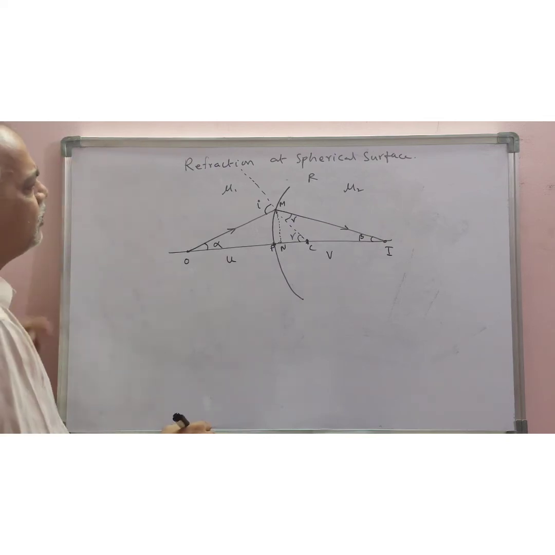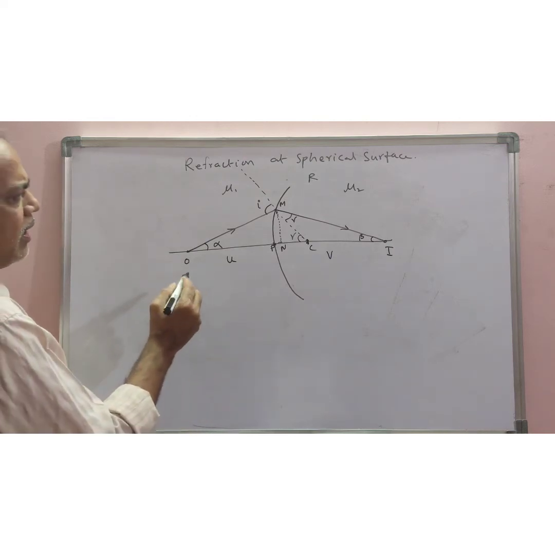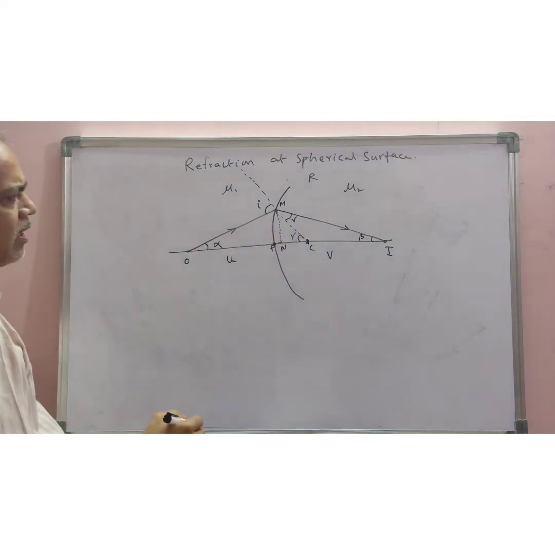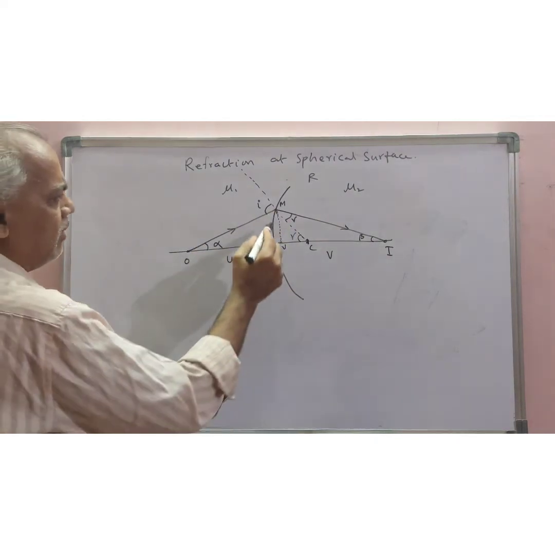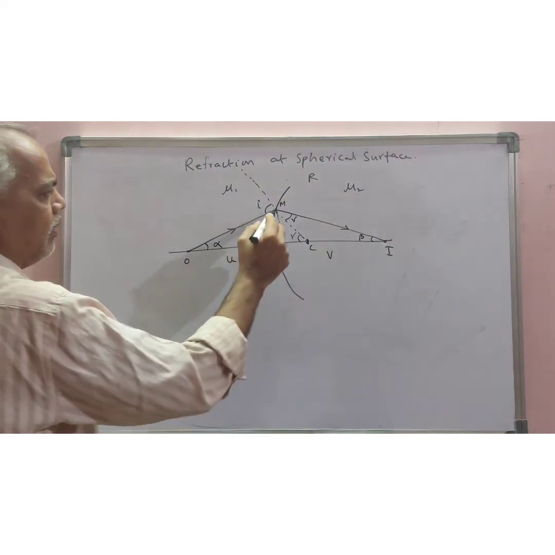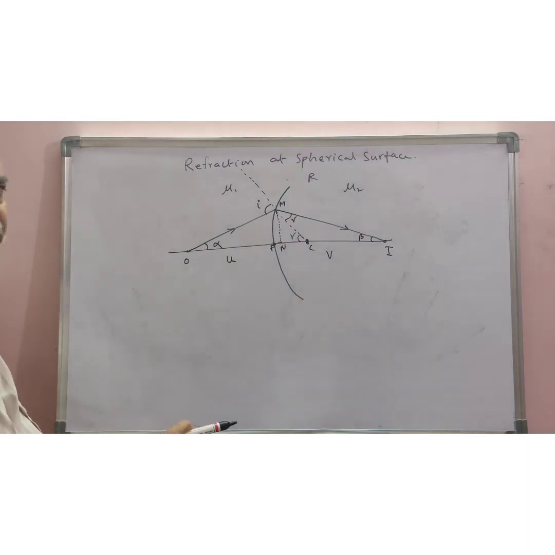Here we have right angle triangles. What are the right angle triangles? OMN is one right angle triangle, another one is MNC, and MNI is also a right angle triangle.